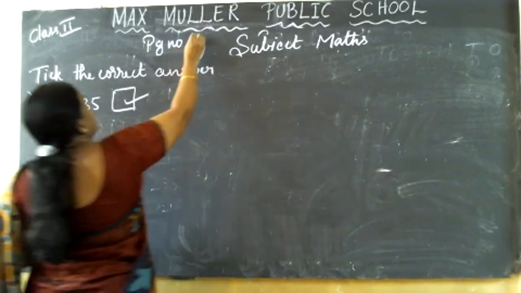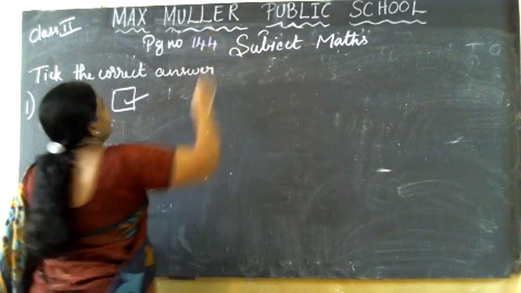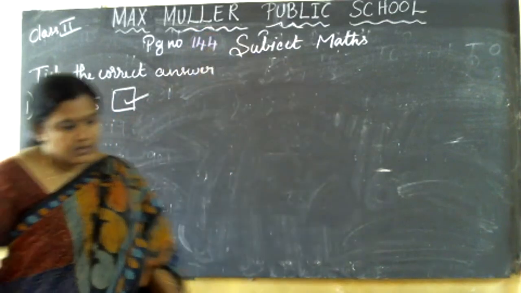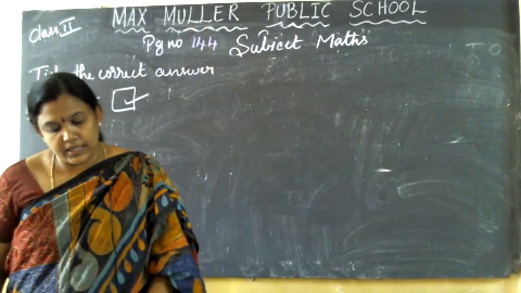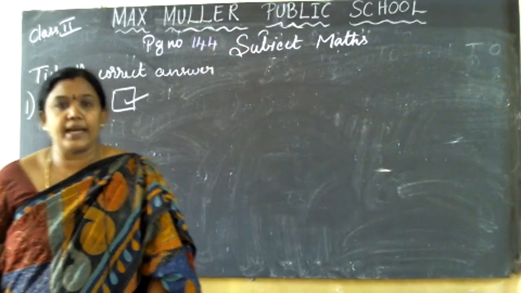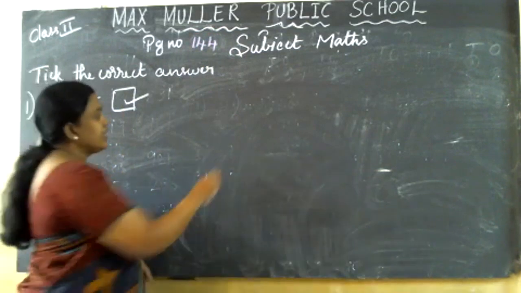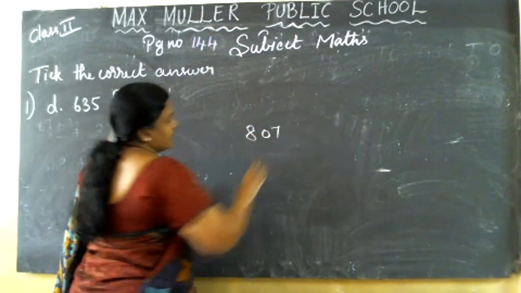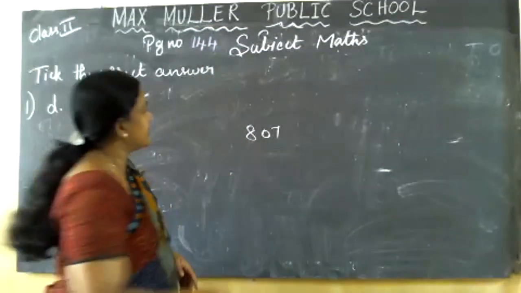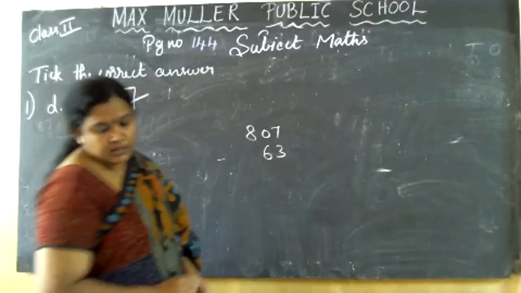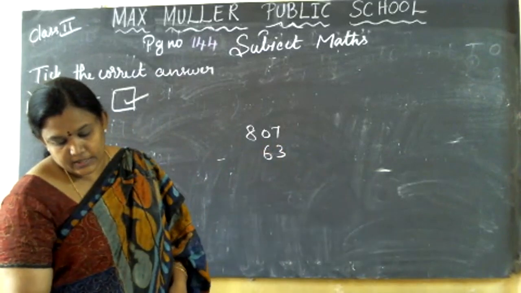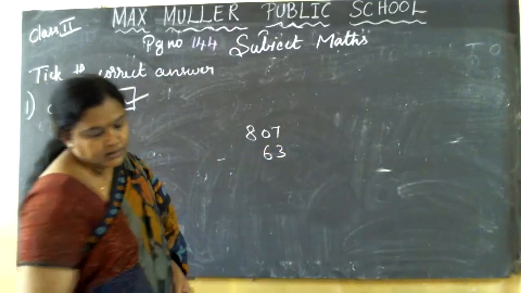Page number 144. Second one, 807 added to 63 can be written as. How will we write 807? See children, 807. If we add it to 63, how will we write it?